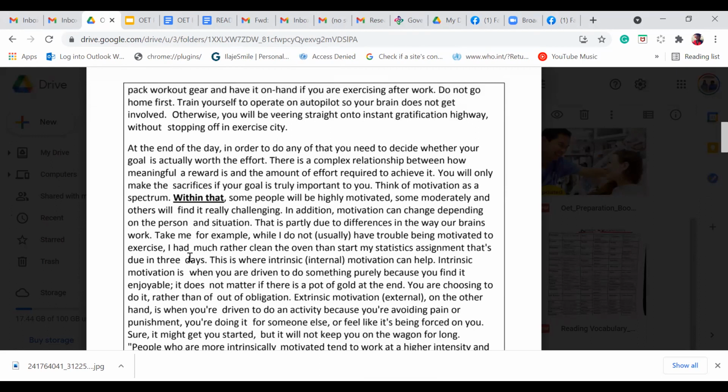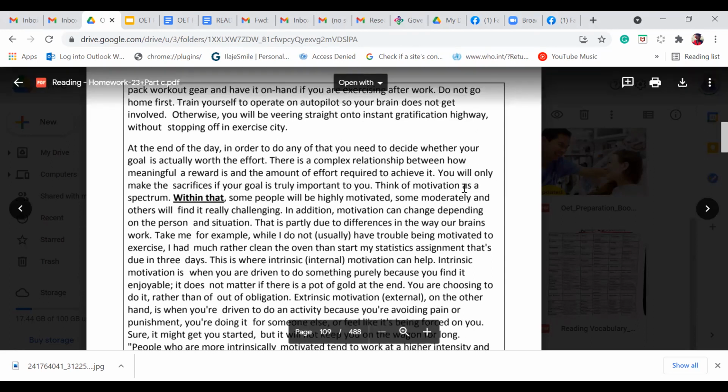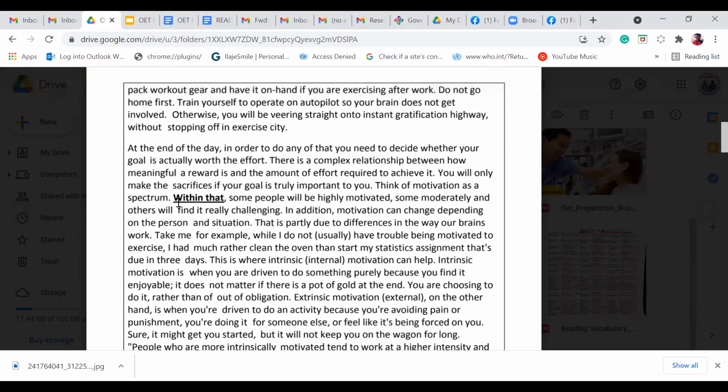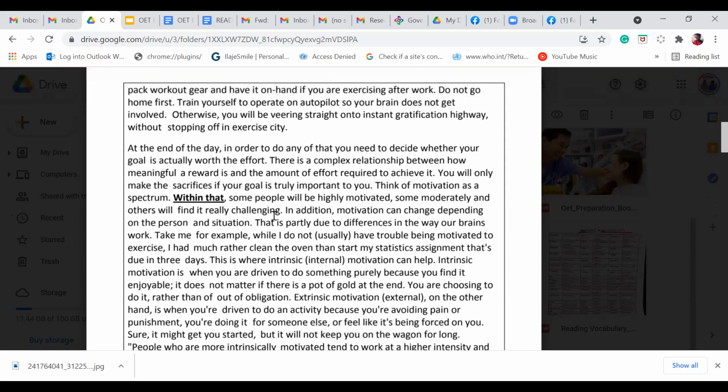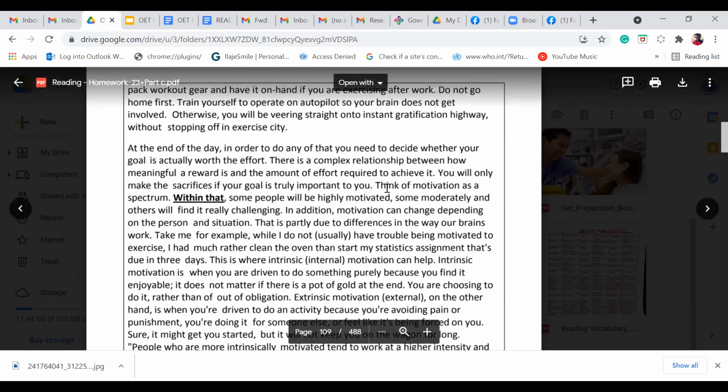It's the final paragraph and it's also the 5th paragraph, so don't be looking for a separate final paragraph. Think of motivation as a spectrum. Within that, some people will be highly motivated, some moderately, and others will find it really challenging. Within what? Within that. You know, I went ahead to read.